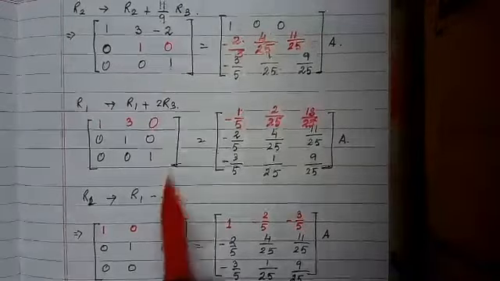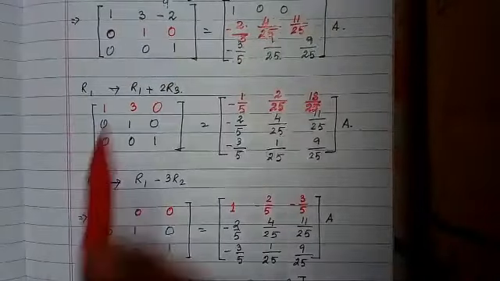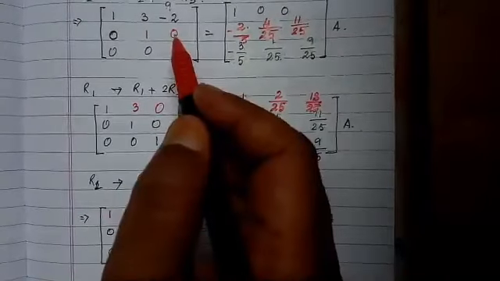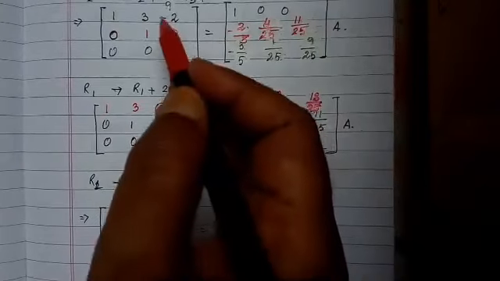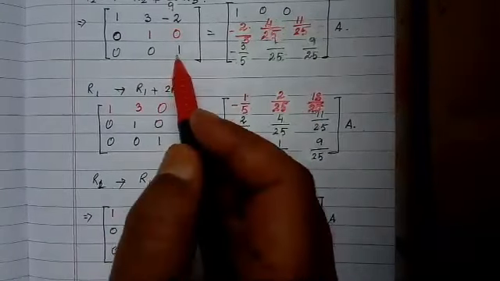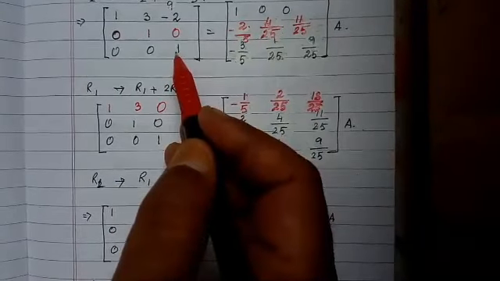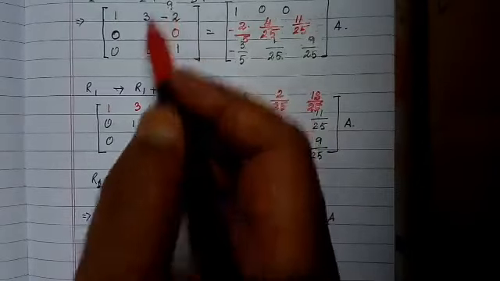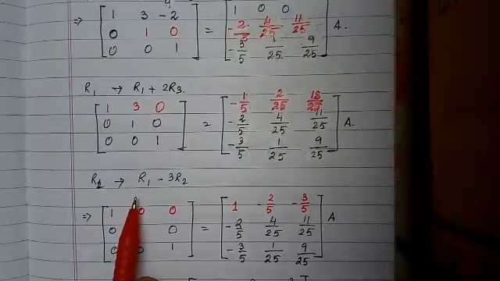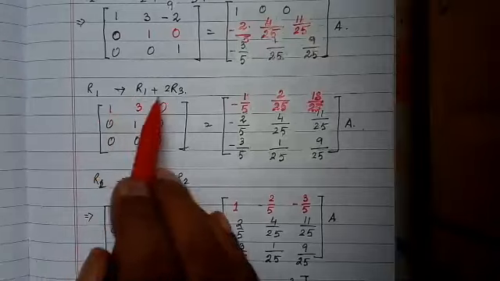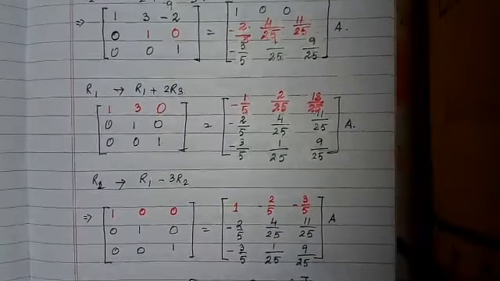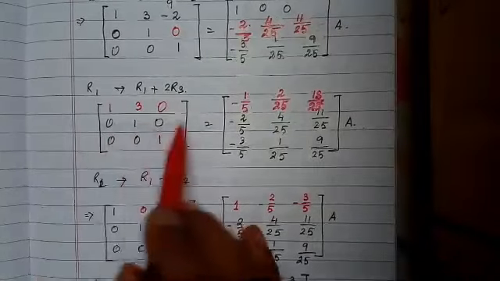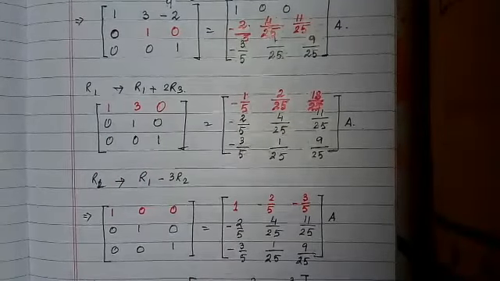Now we have to convert this element to 0, which cannot be done by the 0 row because 0 has no power. So let us multiply R3 by 2 and add it with R1. So R1 is replaced by R1 plus 2 R3. By this operation, R2 and R3 remain as they are.